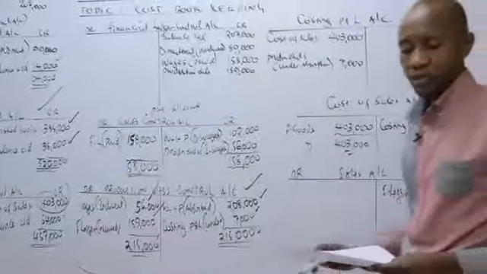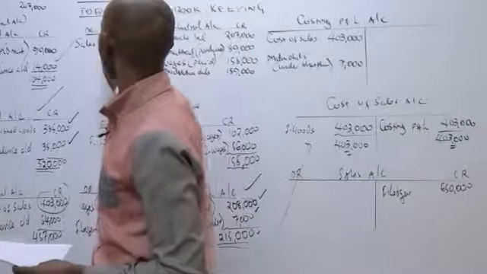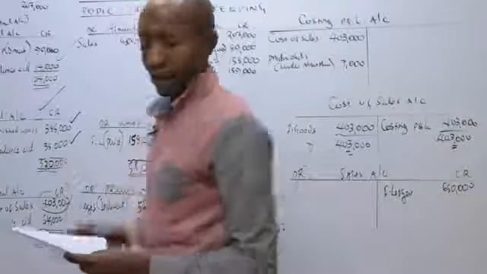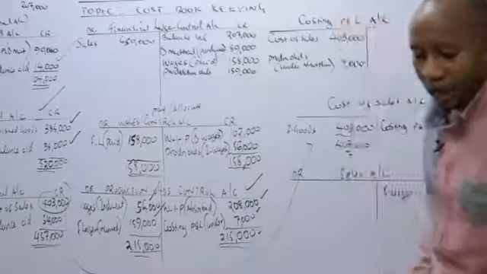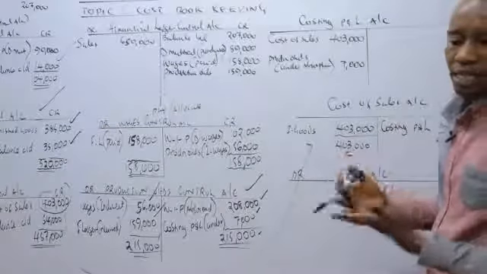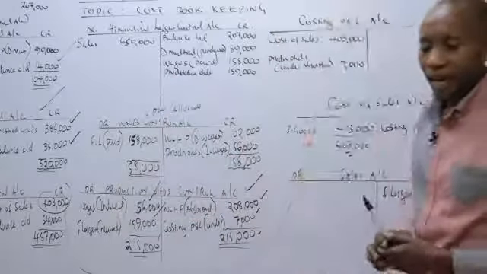And then here we can say sales 650,000. Hope that is clear. When we sell, credit sales account, double entry will always be completed in the financial ledger account.